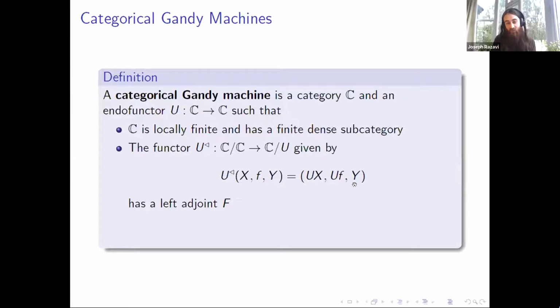It doesn't actually evaluate U on y, and the comma category is defined so that this makes sense. So we're asking that this functor U triangle have a left adjoint, which I'll call f.